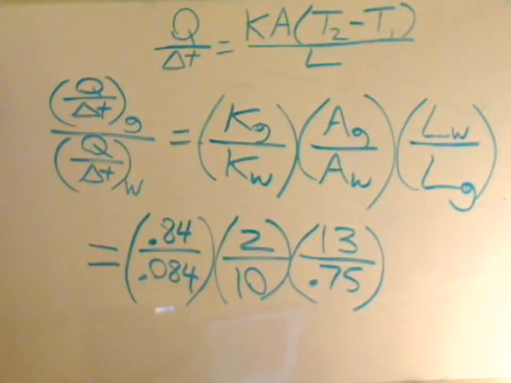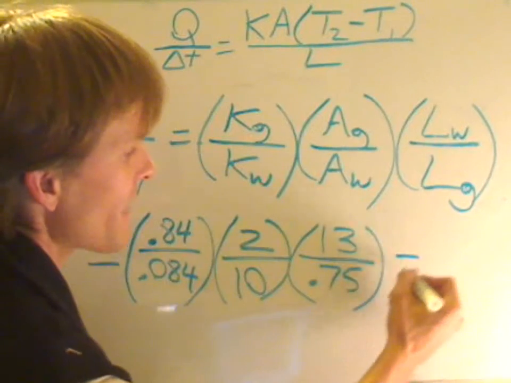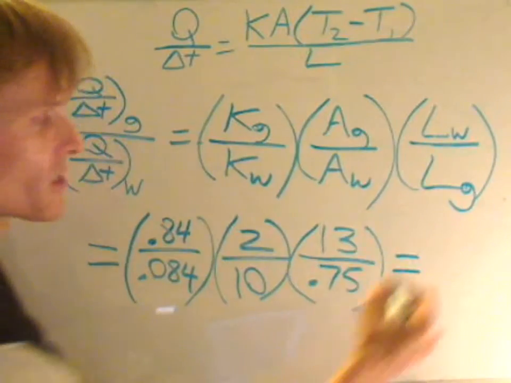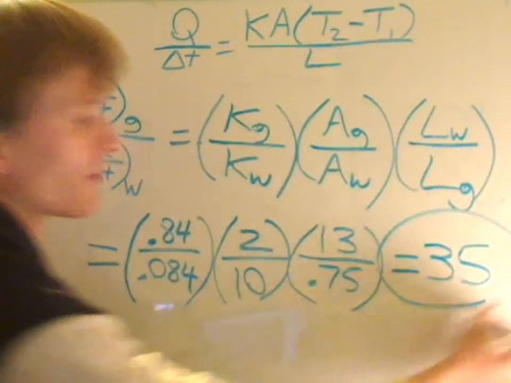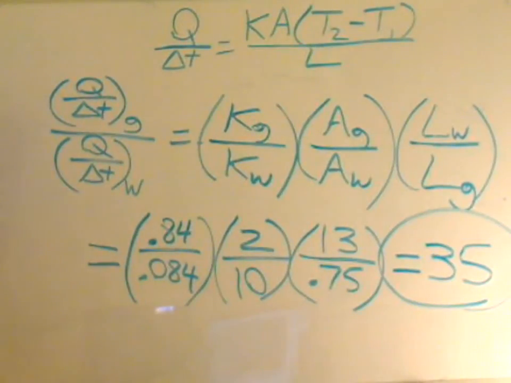So when you multiply all this stuff out, you get the number, to two significant figures, it's 35. Okay? So what that's saying then is that 35 times more heat will be transferred through the glass than through the wall per second.